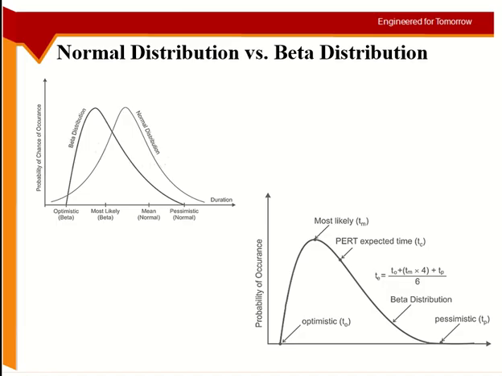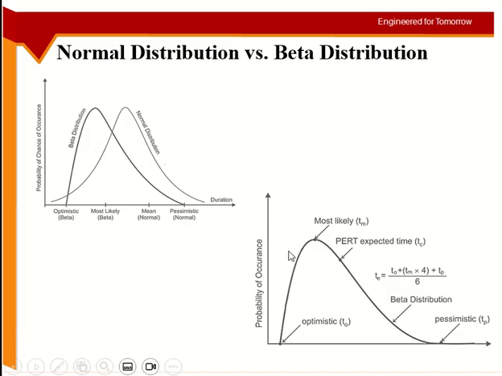So there are more chances that the activity has lower duration and fewer chances of the activity having higher duration, because higher duration is problematic for everybody. Client doesn't want it, project manager doesn't want it, contractor doesn't want it. So everybody is trying to reduce the time of the activity. So the higher chances are for lower durations and lower chances for higher durations.